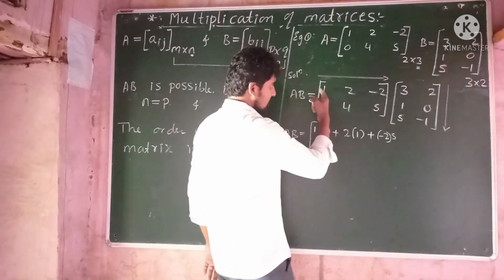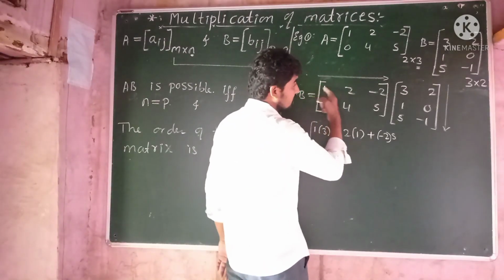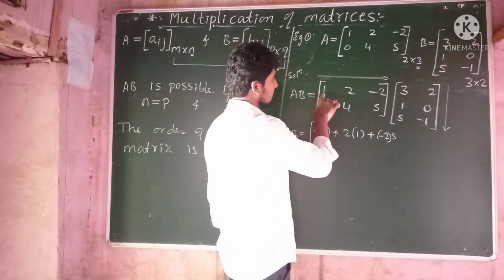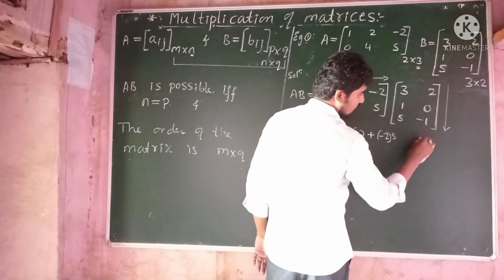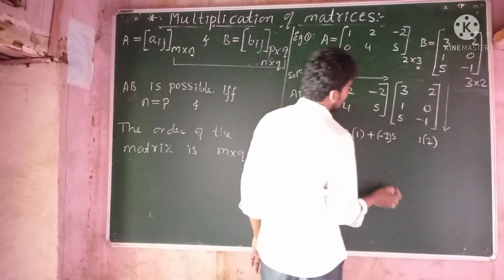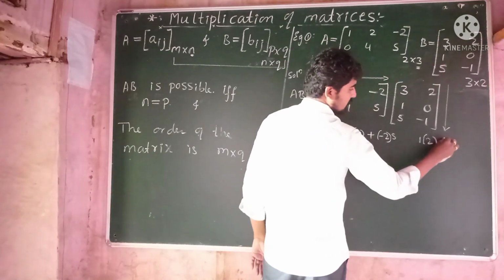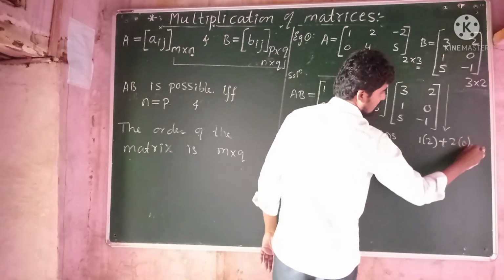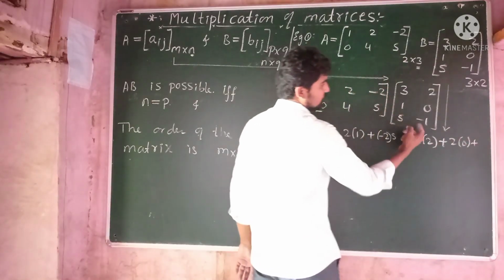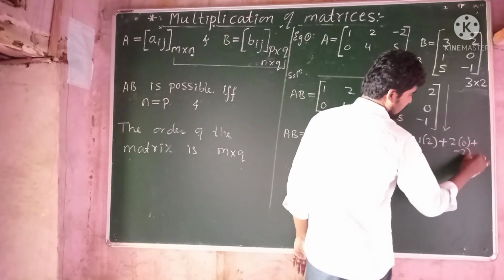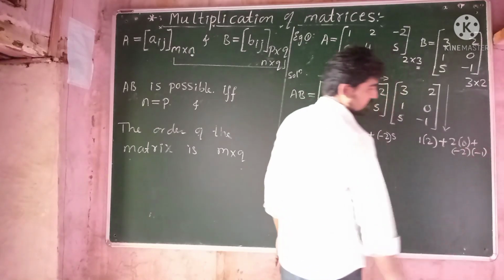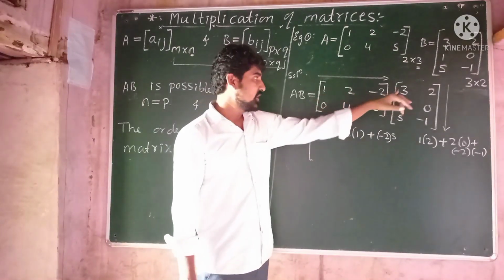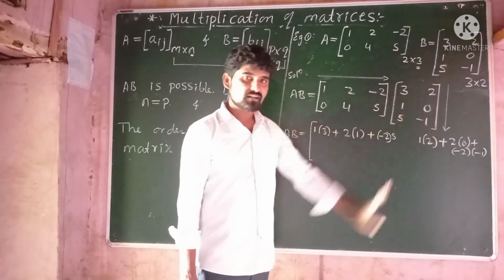After that, multiply the first row elements with the second column elements. That is 1 into 2 plus 2 into 0 plus minus 2 into minus 1. And now the first row is completed with the first column as well as the second column.